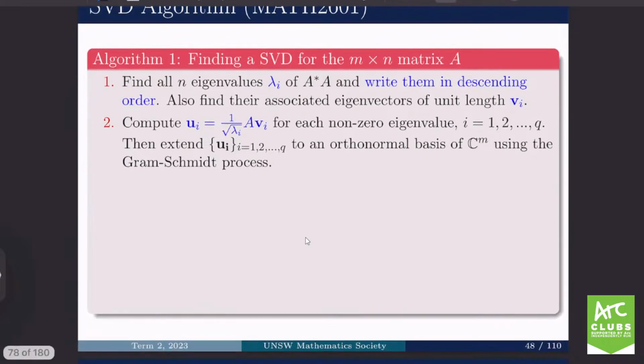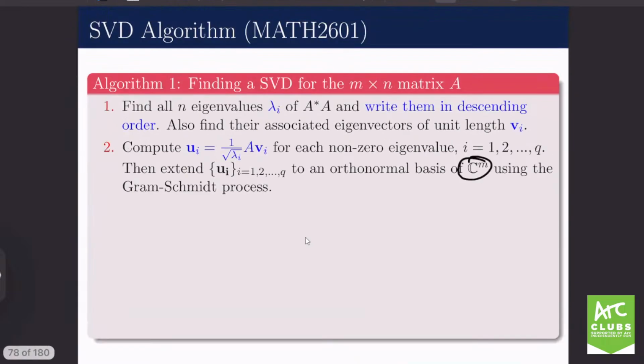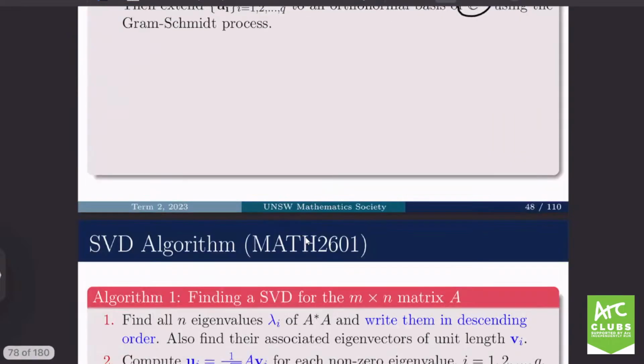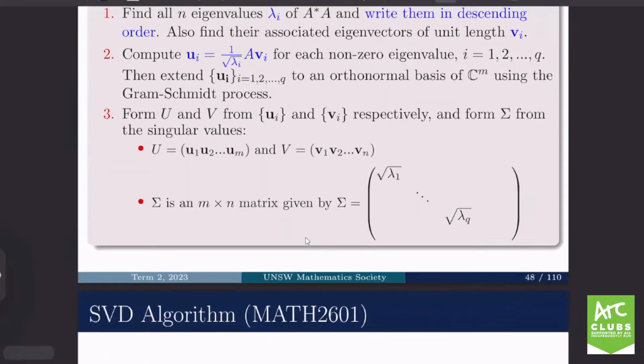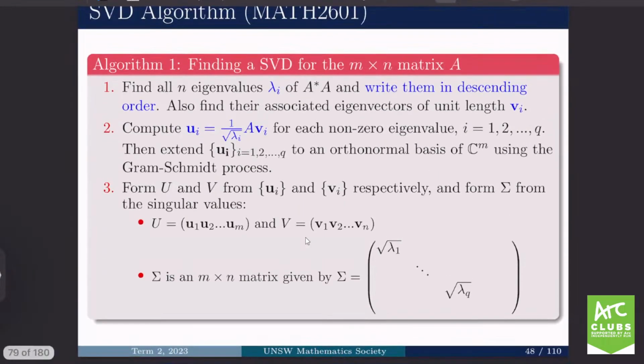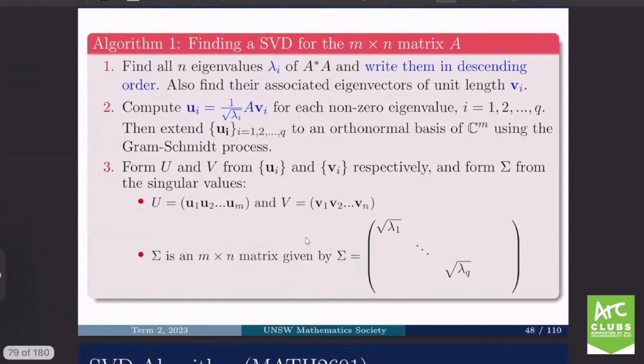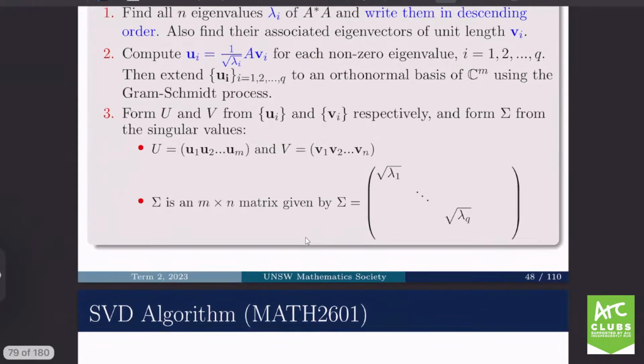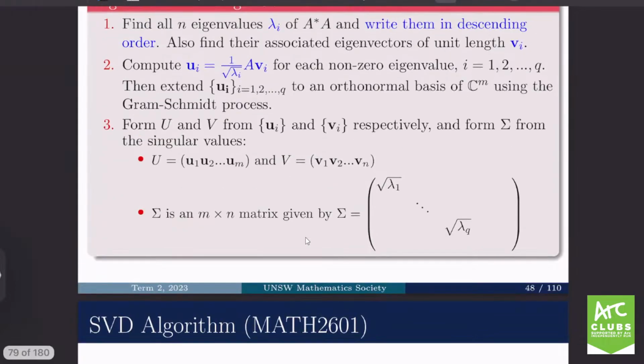Then extend this to an orthonormal basis of complex m-dimensional vector space using the Gram-Schmidt process. Then form U and V, so U will have columns ui and V will have columns vi, and form sigma from the singular values. So we take all the square roots of the eigenvalues and fill in the matrix with zeros elsewhere, so it's an m by n matrix.